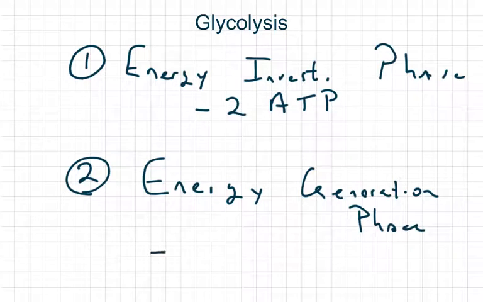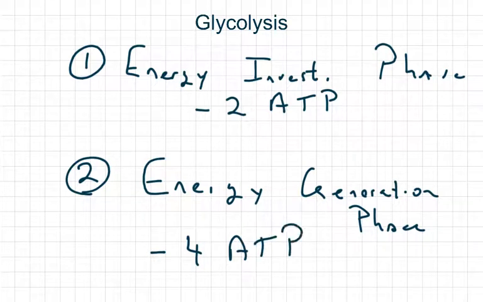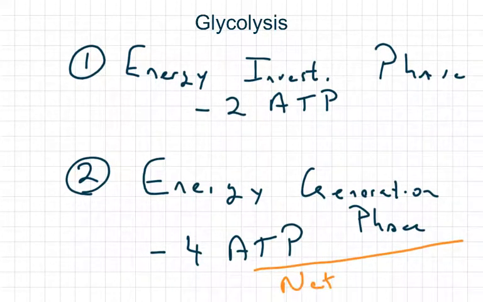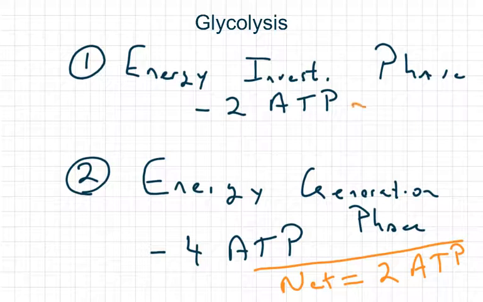And from this phase, we actually produce 4 ATP. And so when it's all said and done, at the end of glycolysis, we have a net production or net gain of 2 ATP. And this is because we burn 2 at the first half, and we only produce 4 in the second half of glycolysis.